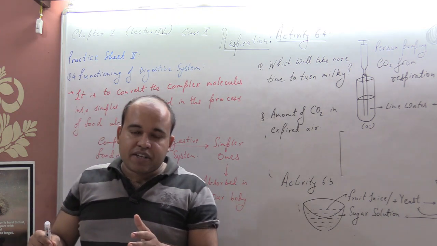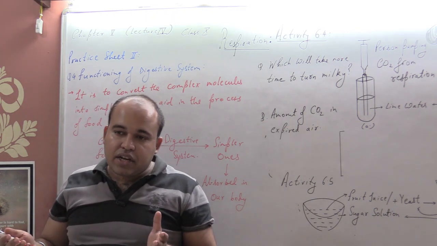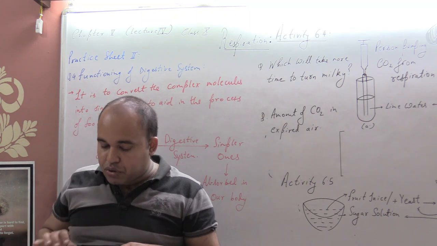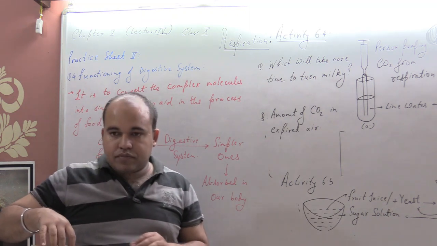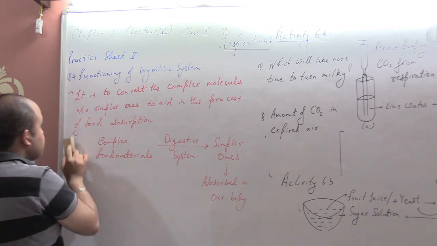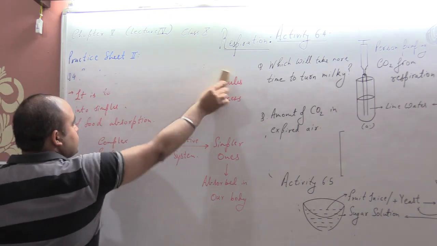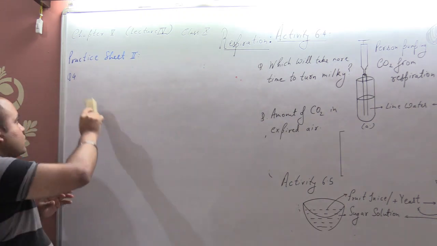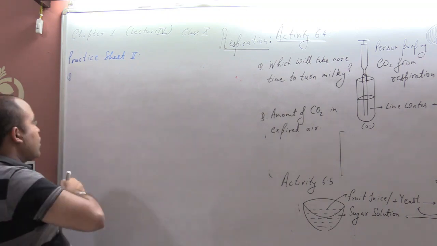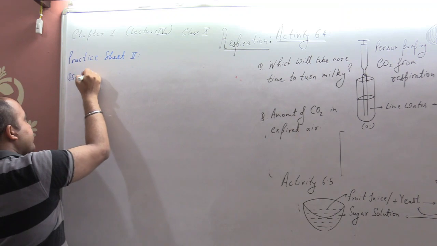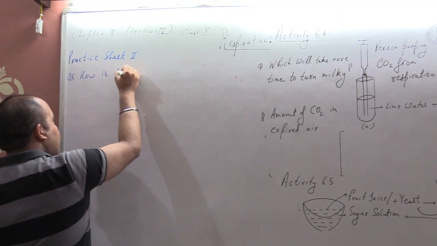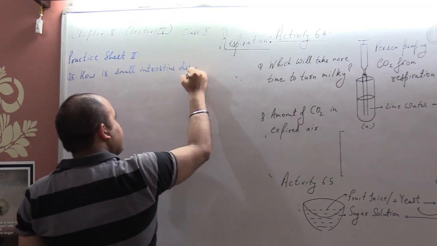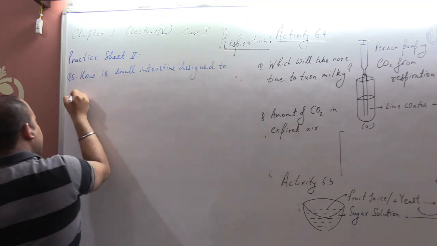The fifth question that is asked in NCERT is how the small intestine helps in the digestion of food material. How is the small intestine designed to digest the food material?